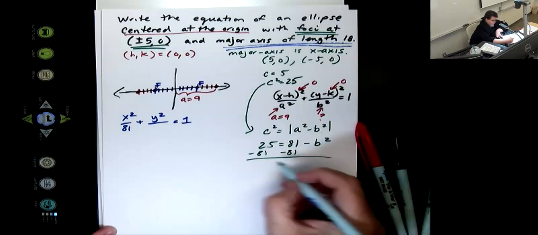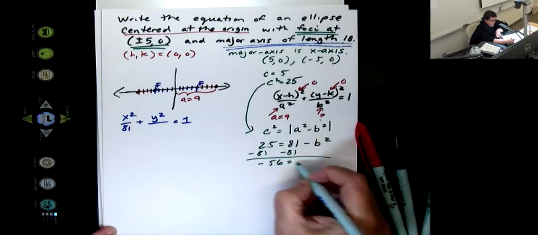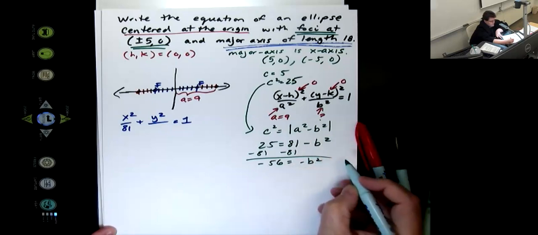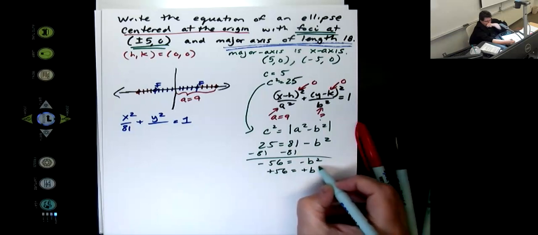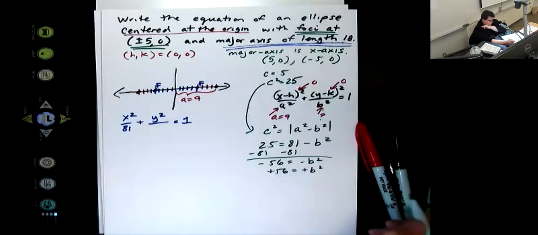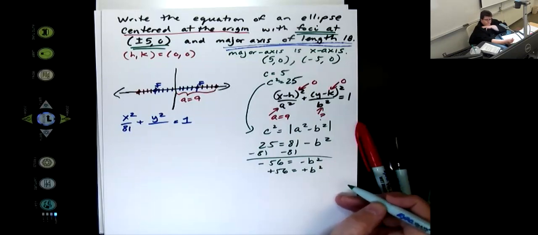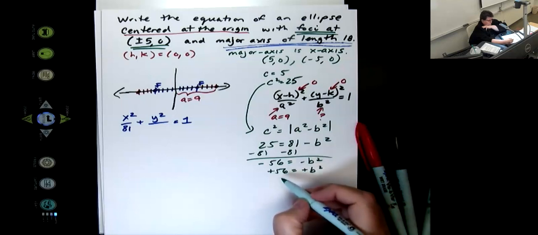Negative 56 equals negative B squared. So positive 56 equals positive B squared. Is that the right number? 56 and 25 add up to 81, yeah. So B is the square root of 56.